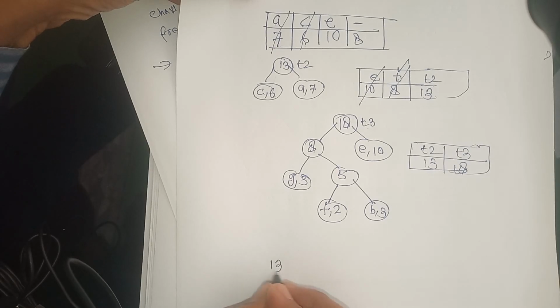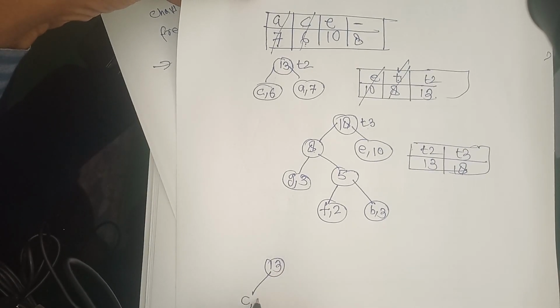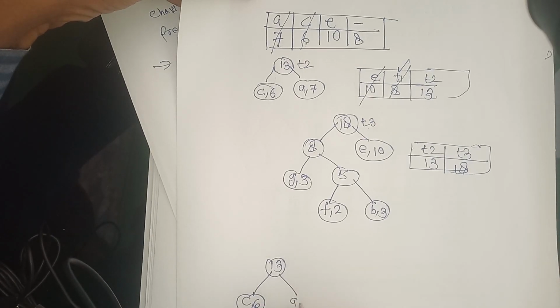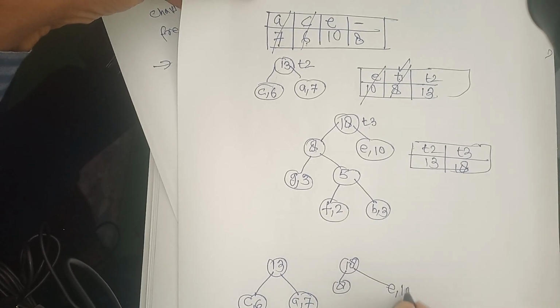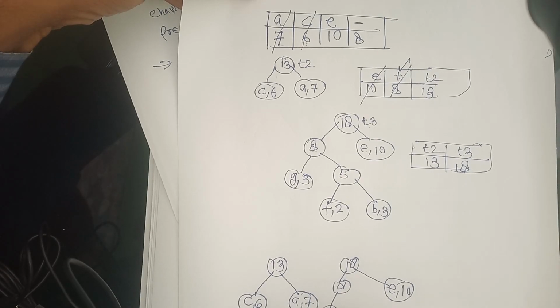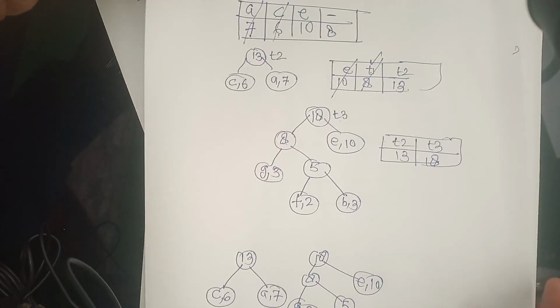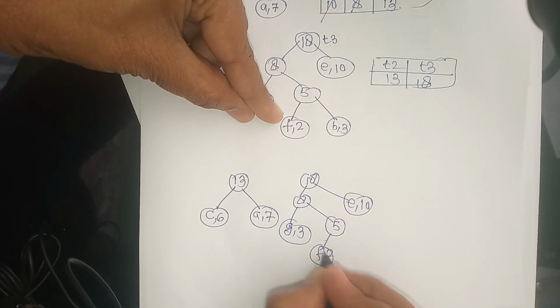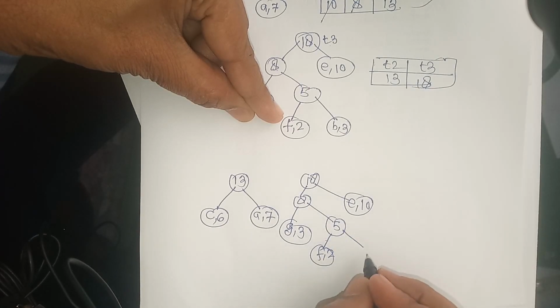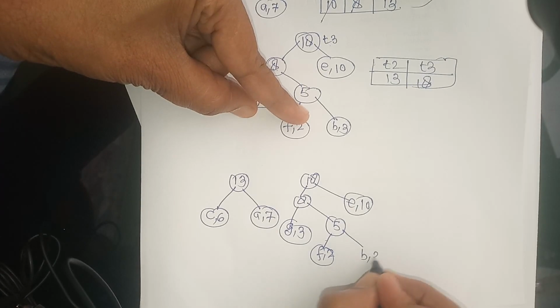So we will prepare 13, C6 and A7, and this tree will be on the right hand side, right child, 18, 8, E10, and then left is G3, right is 5, and left child is F2, and right for 5 is B3.